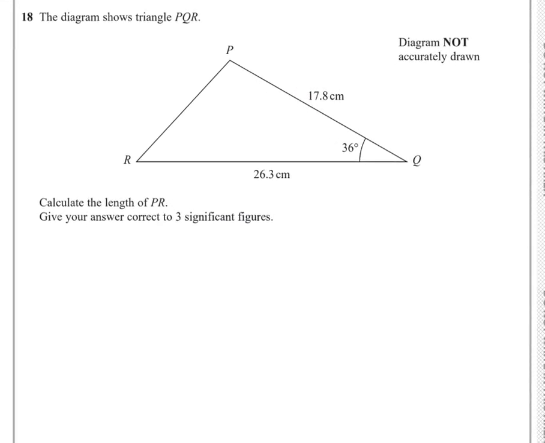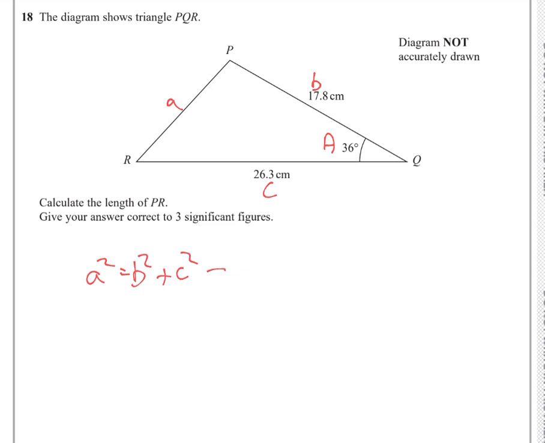Okay, the diagram shows PQR. Calculate the length of PR. So we need to know that if this is A, this is little a, and this is B and C, we know that a squared equals b squared plus c squared.